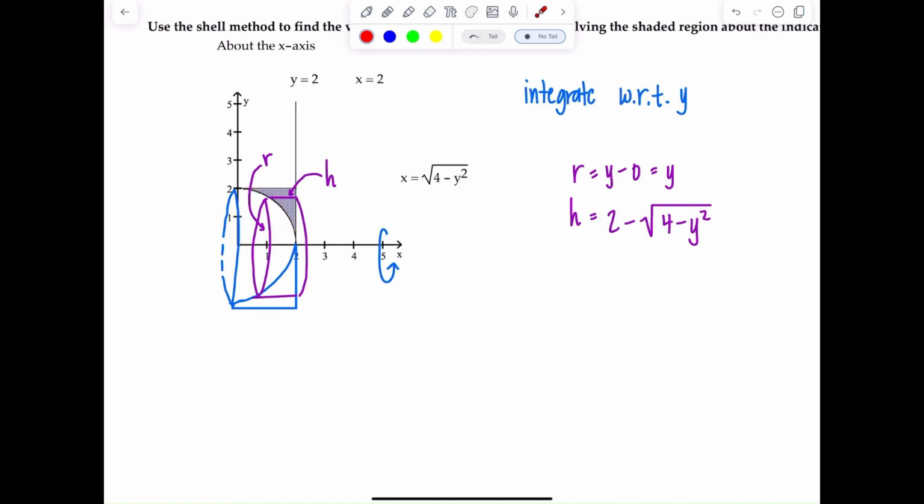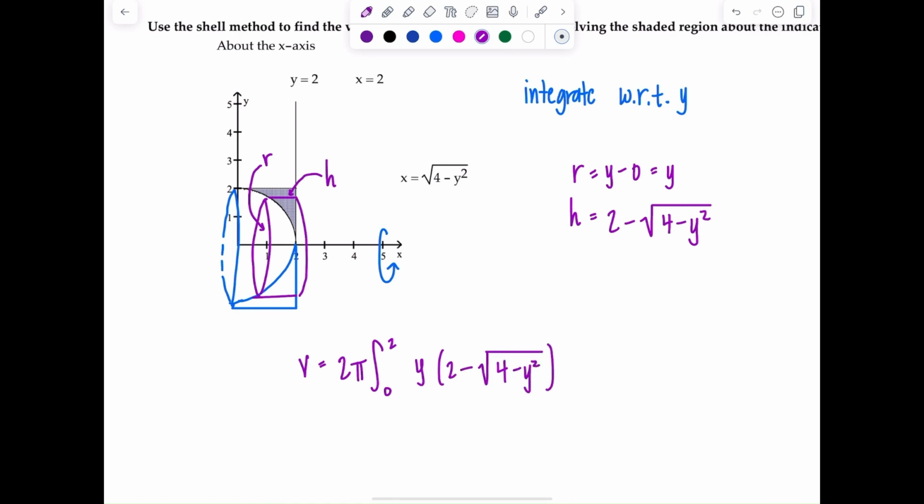They should not go from -2 to 2. That's too much before you spin, okay? I see a lot of mistakes from that. That's why I'm being so serious. V equals 2 pi integral 0 to 2. Radius is y times the height, 2 minus rad 4 minus y squared dy.